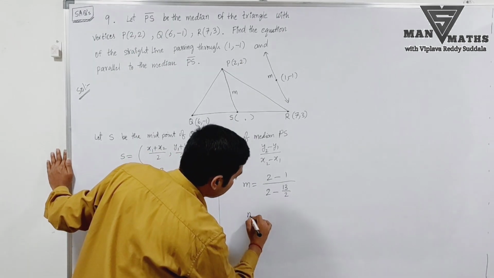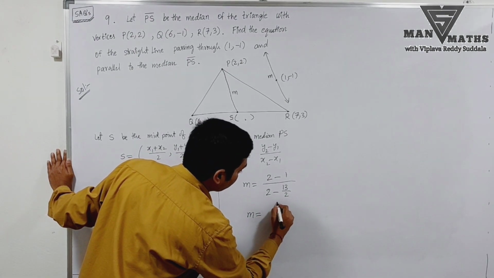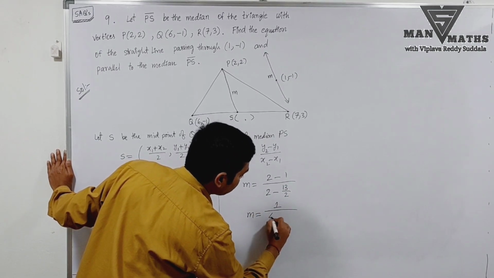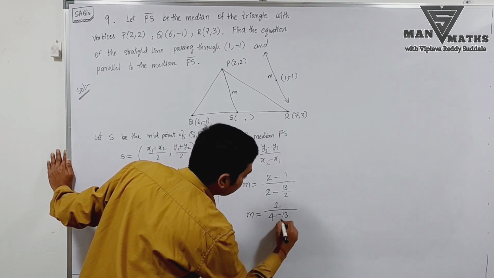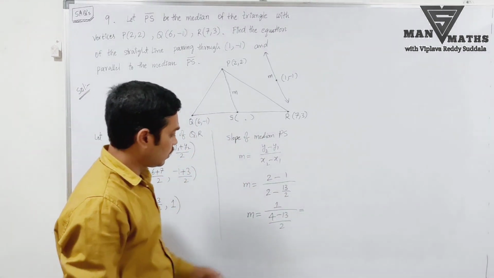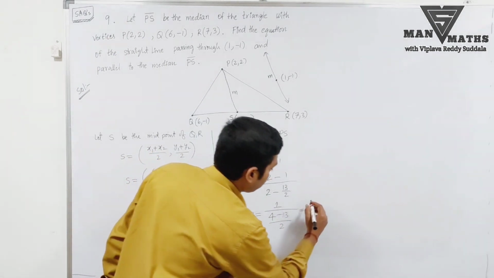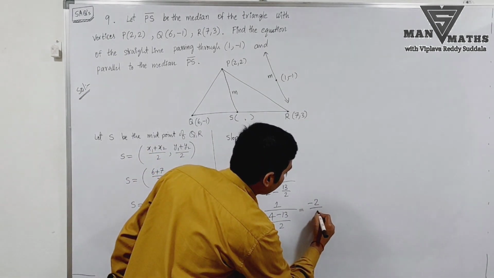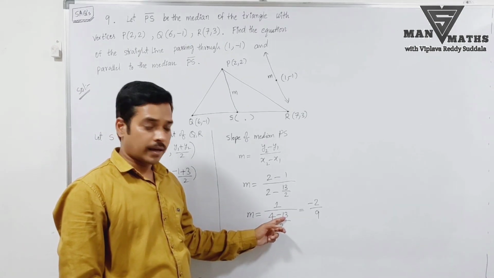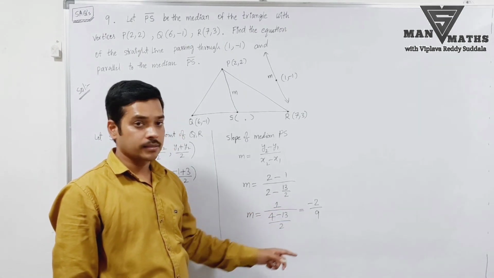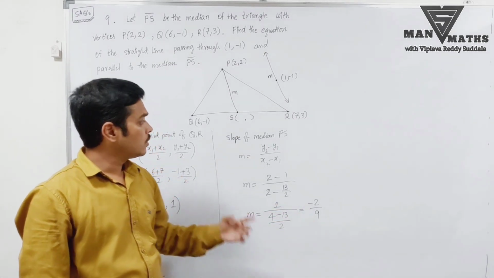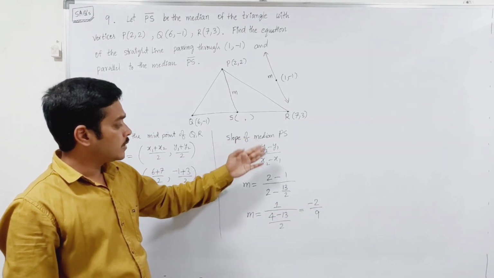From this, m is equal to 1 by (4 minus 13) by 2, which gives 2 by minus 9. So the slope of the median is minus 2 by 9.